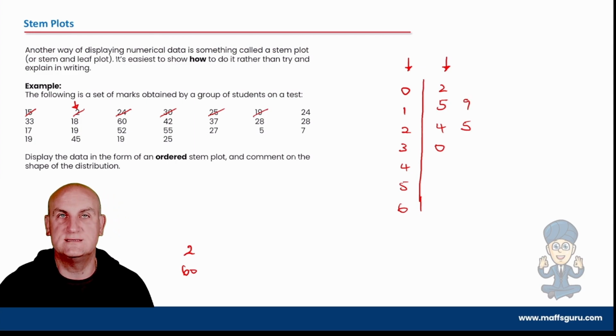Now what you'll start to notice is as I put more numbers into the rows, I'm lining the columns up.